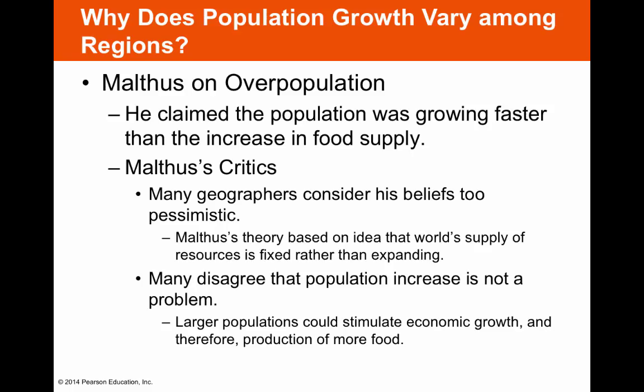And his theory is based on the idea that the food supply is a fixed mathematical equation rather than expanding. And geographers disagree that population increase is a problem. So geographers say population increase is not going to be a problem, and that larger populations, in fact, stimulate economic growth, therefore the production of food.